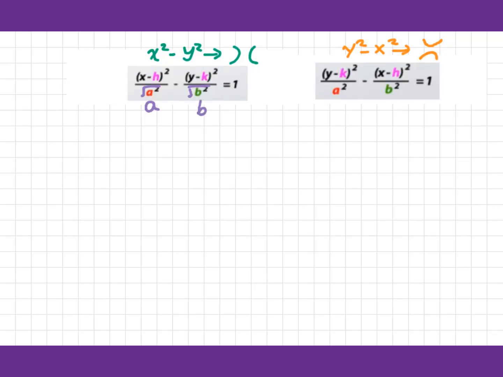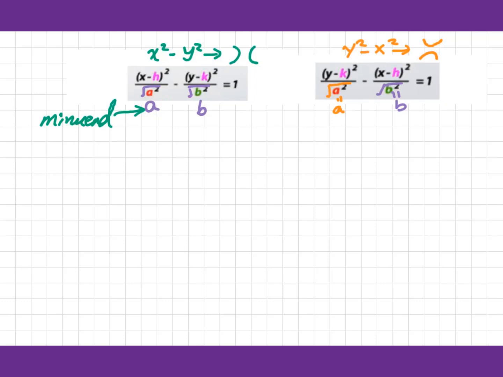The a is always the first term. In other words, a is always in the medial end position. So medial end will be the keyword for hyperbola. a could be greater than b or less than b. It doesn't matter. As long as it's in the medial end position, we call that a.